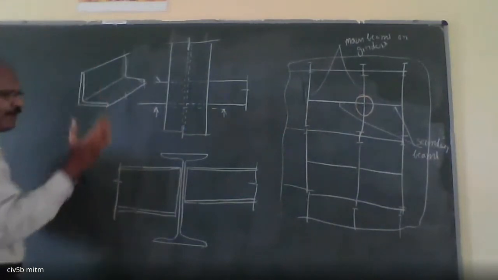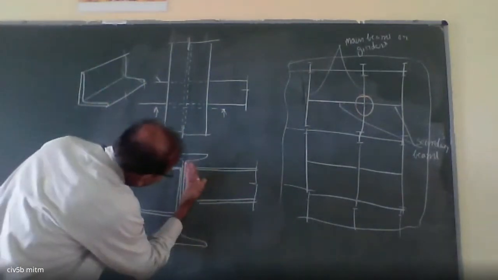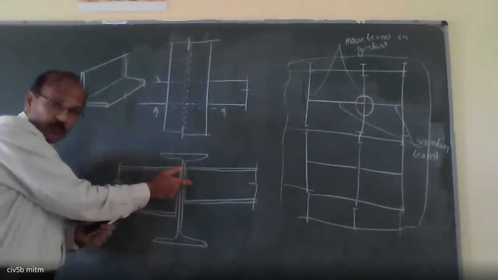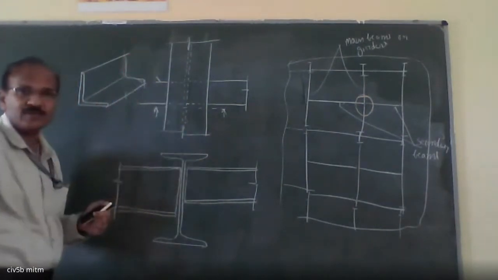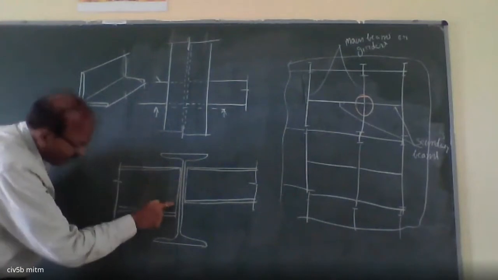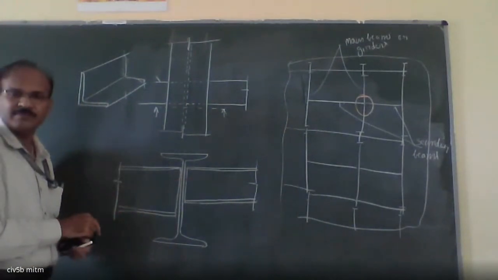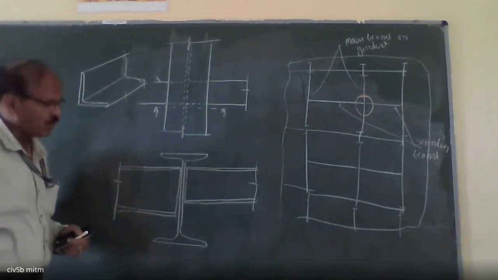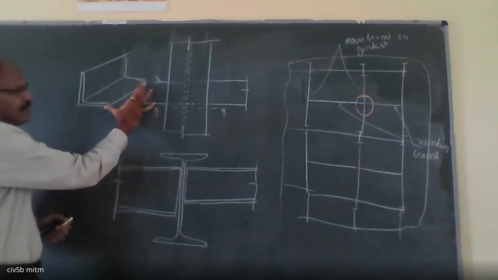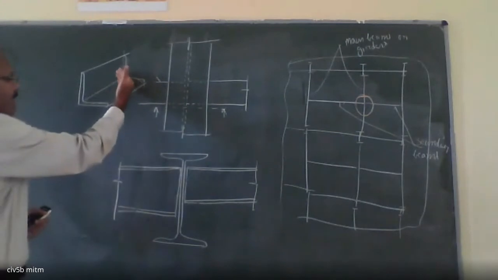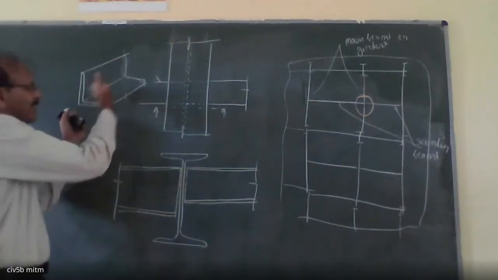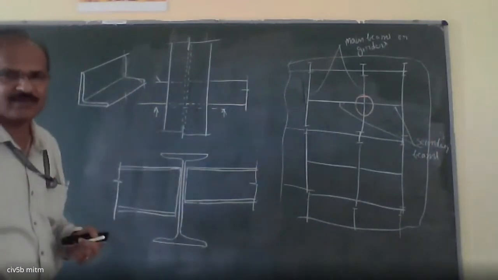Take that piece of angle and put it in this corner, and also put one more angle behind this I section. That length can be varied because you can cut the angle section to the required length.